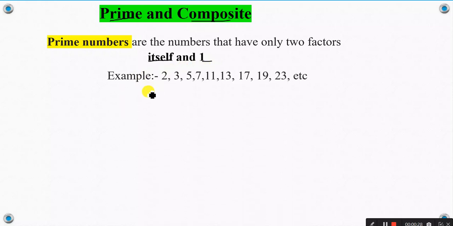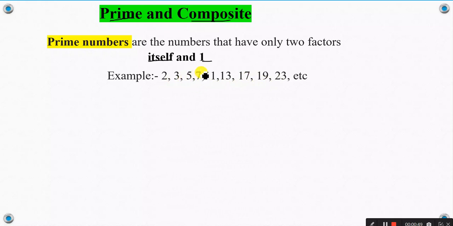For example, 2 is not divided by any other number. 3 is the same. 5, 7, 11, 13, 17, 19, 23. These are all prime numbers.